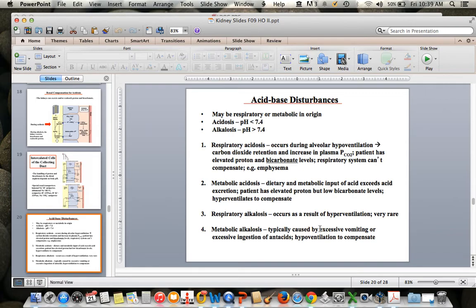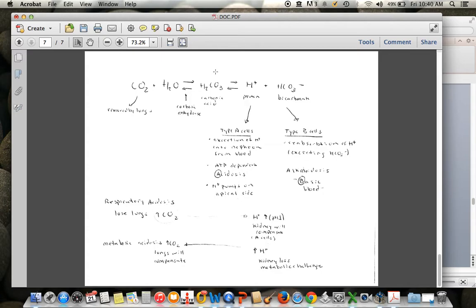So if you vomit a lot, stomach acids can be lost, and that can make it so you end up having a more basic kind of environment, or hypoventilation, and so on. The hypoventilation, in this case, would actually be a way to compensate for this metabolic alkalosis. And that part we can think about and appreciate as we look here.